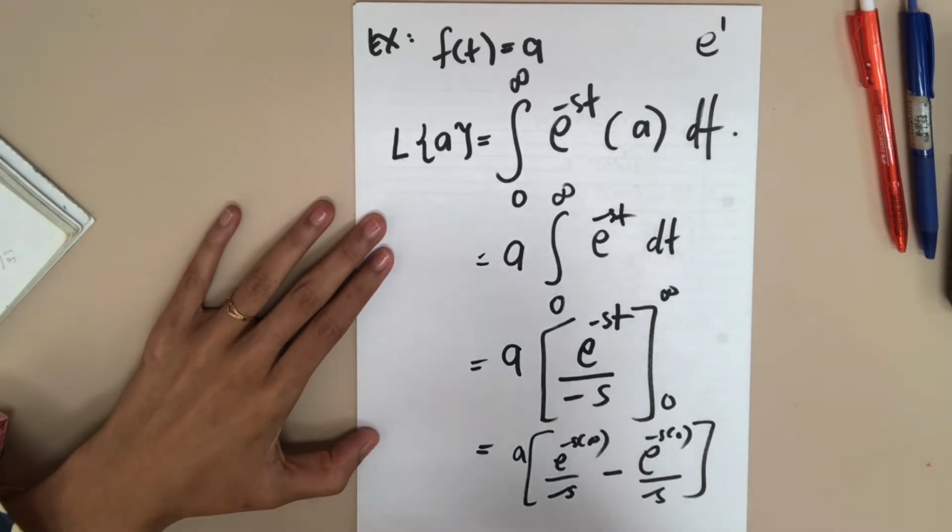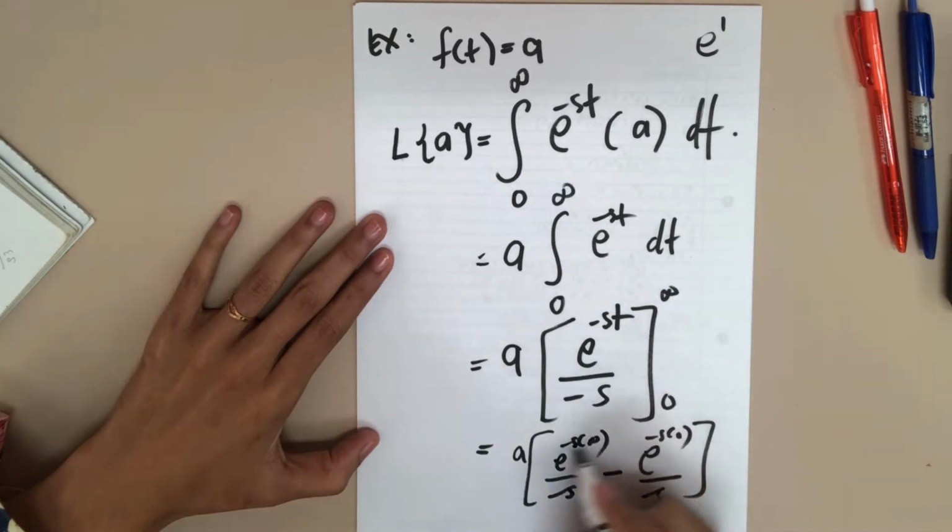So whatever number it is, let's assume s is 2, for example. When 2 is multiplied by infinity, let's say your infinity here is a million, a million times 2 is still considered a million, right? A small number times a big number still gives a big number.